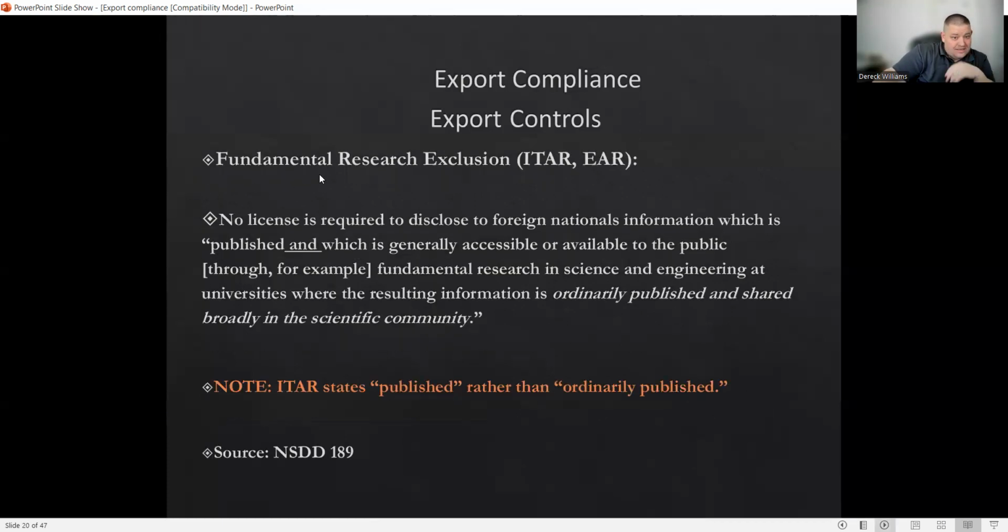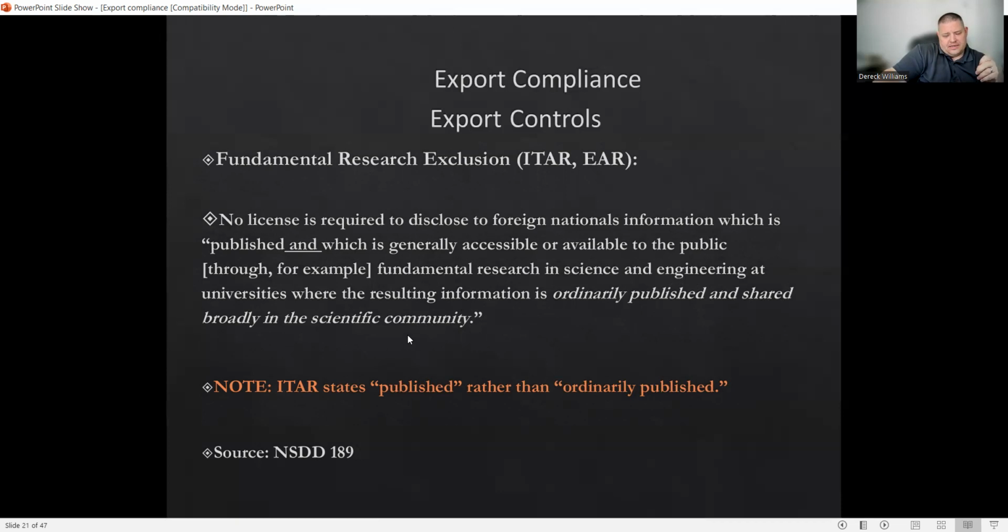Fundamental research exclusions, no license is required to disclose to foreign nationals information which is published, which we kind of talked about, and which is generally accessible or available to the public through, for example, fundamental research in science and engineering at universities where resulting information is ordinarily published and shared broadly in the scientific community.